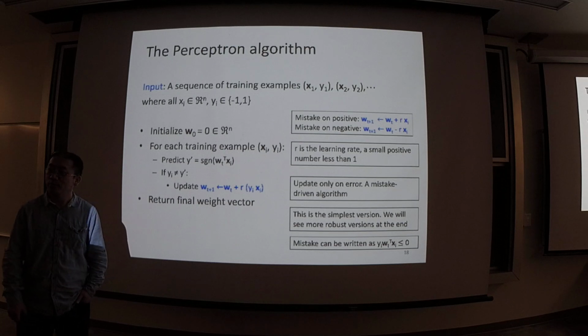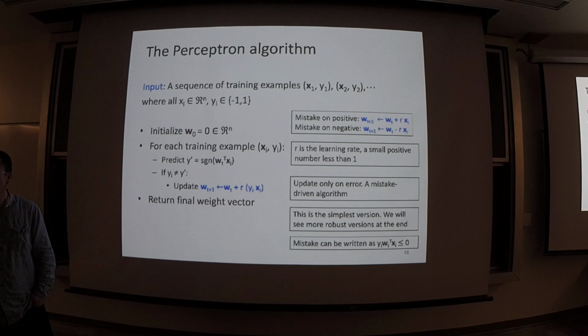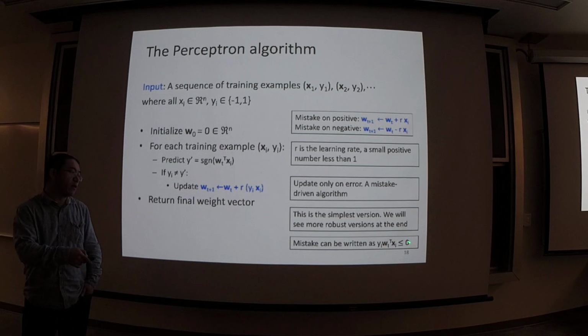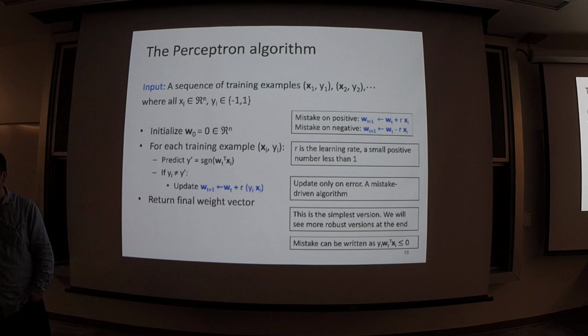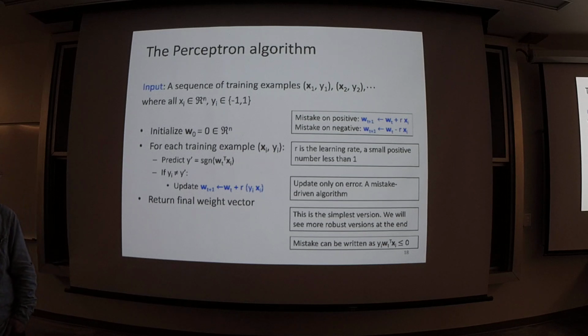Why can my mistake be summarized as this inequality? Because the W transpose X term will be one sign and the Y term will be another sign. So if they're different, then you get a negative number.